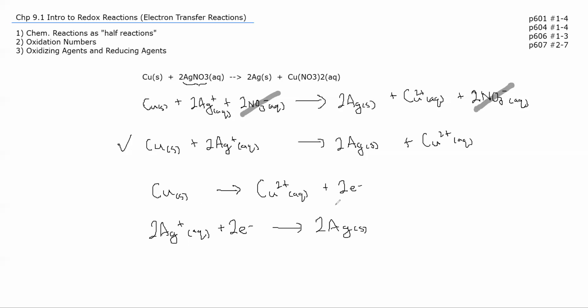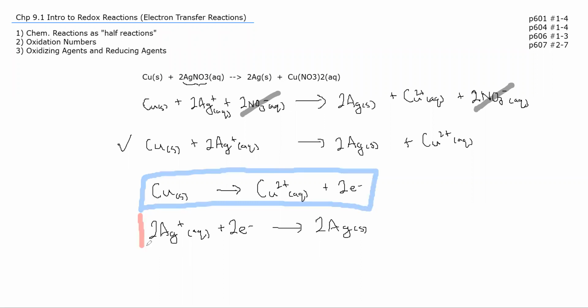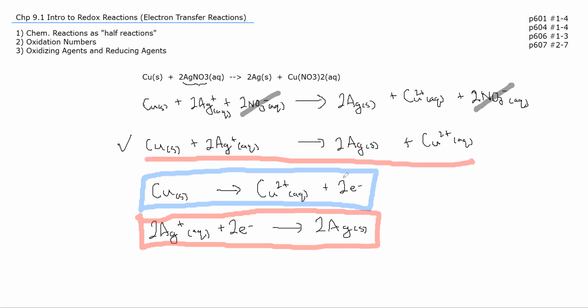This reaction here, how about I color this in blue, and I color this in red, these two half reactions, because the copper half reaction and the silver half reaction together create one full reaction.